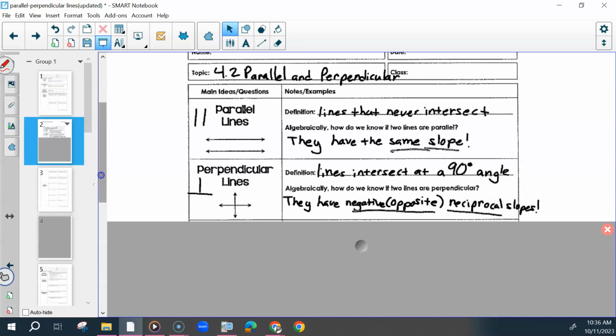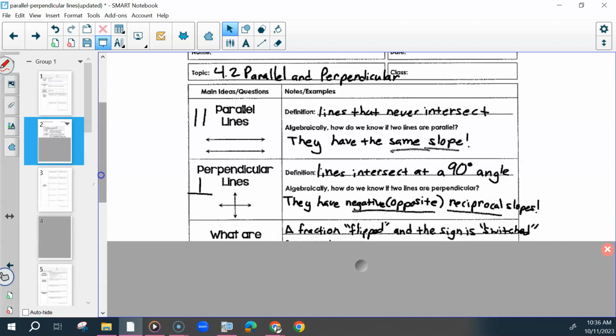One more thing to break down the definition. Negative reciprocals are, if you have a fraction, you're going to flip it, and the sign is switched. So if it was like 3/4, now it's negative 4/3. You take the whole fraction, you flip it. If it was positive, you make it negative, and vice versa.